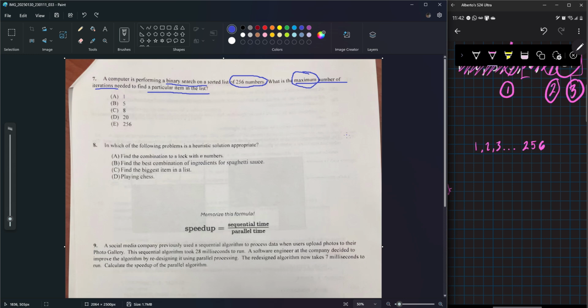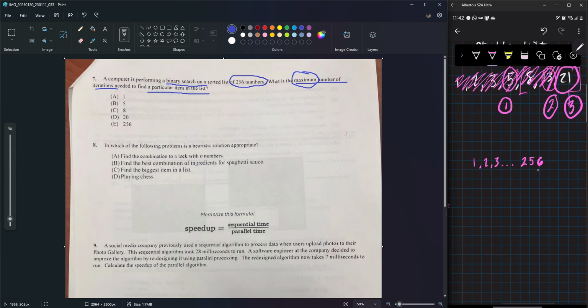And so the question is, how many times are you going to have to guess at most? So let's pretend that your number is 256, so it's the very edge. All this means is how many times can you halve 256.